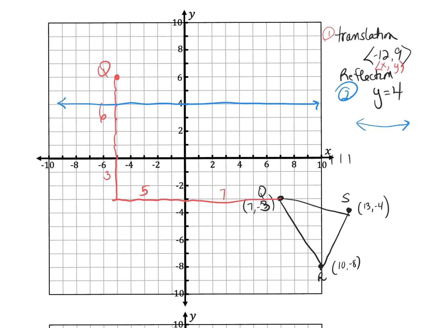So to reflect point Q over, remember I'm going to count, it's only 2 units to my line of reflection. So I'm going to go 2 units over. So Q prime, the final answer after those two transformations, is negative 5, positive 2.